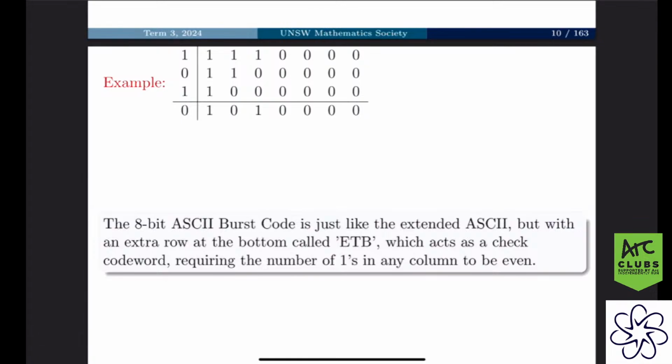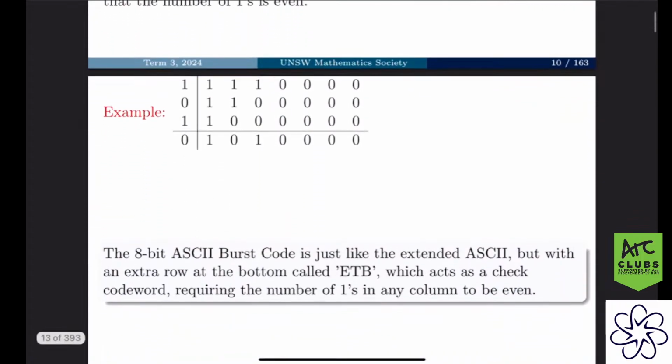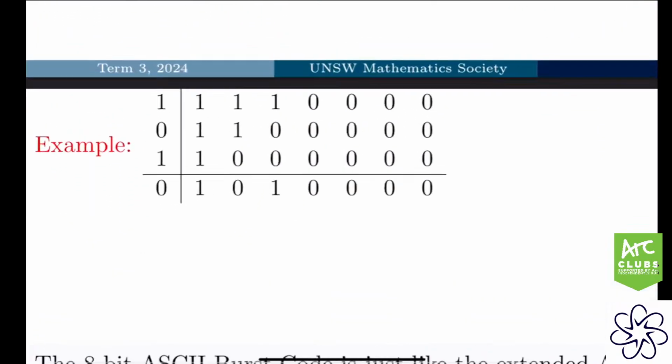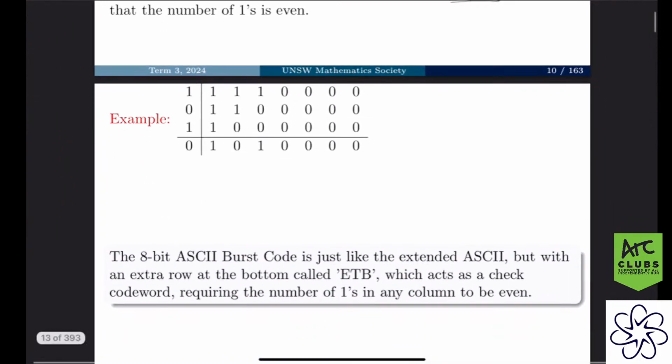The 8-bit ASCII burst code, building off the extended ASCII code, is similar, but instead of just extending a single word with a parity bit, we now take a group of words and construct an additional word to ensure that the columns, if we put the messages into a matrix, have even parity, right? So this last row at the bottom isn't necessarily a code word, but something we call an end of transmission block.